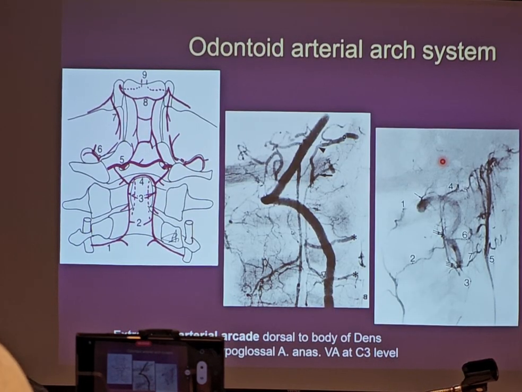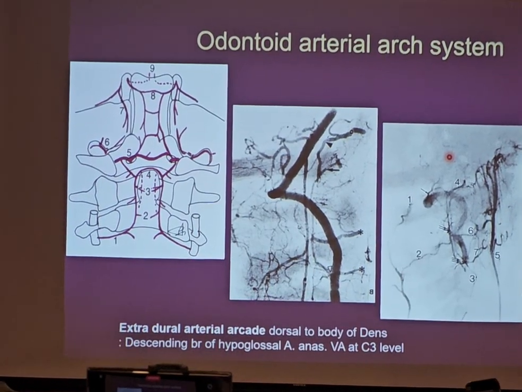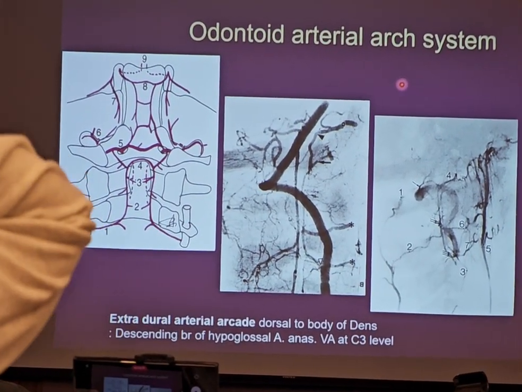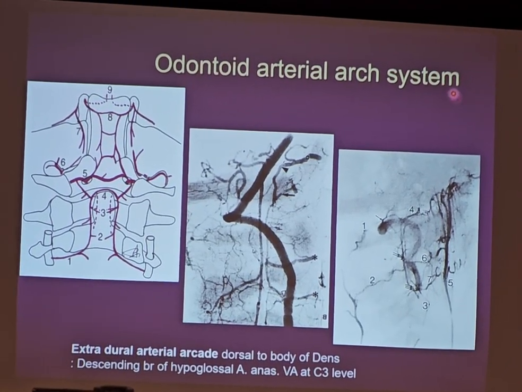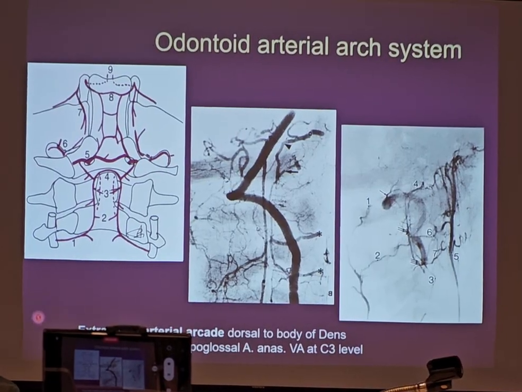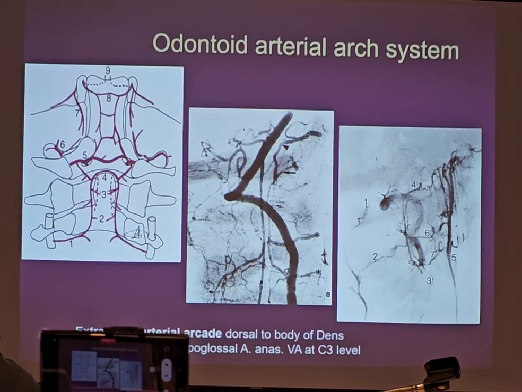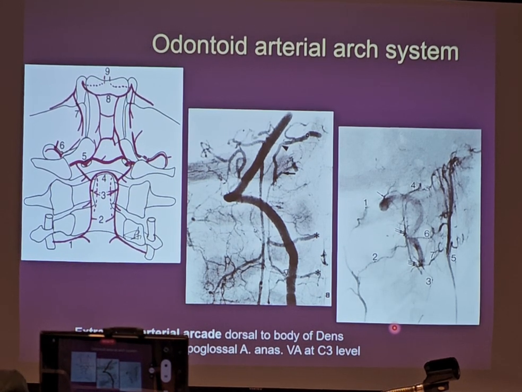Let me introduce you to another interesting arterial system. I think we mentioned a little bit yesterday what the odontoid arterial system is. Let's make sure that you understand that this artery is an extradural artery, so that means the function is to supply something extradural.